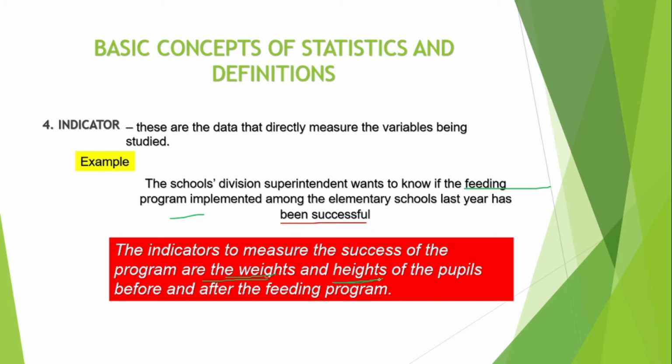So, from before, for example, your weight is just 32 kilograms, and after the feeding program, bumigat yung weight ng isang pupil. So, meaning to say that the indicators here to measure the success of the program are the weights and the heights of the pupils. So, yun ibig sabihin ng indicator.